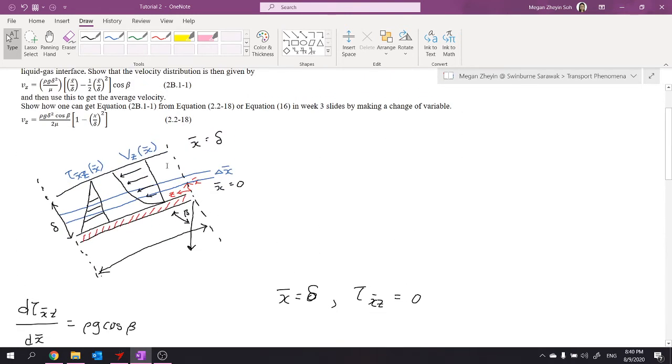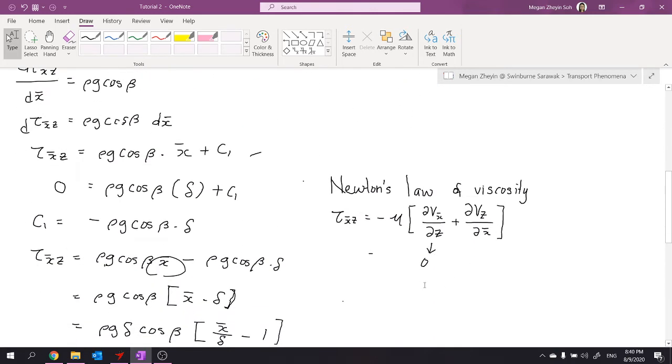Your flow is in the z direction, therefore you have Vz. However, your flow does not flow in the x direction, it is not flowing up. So Vx is equal to 0. Therefore this component here should equal 0.